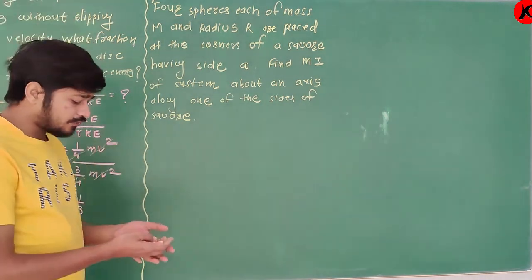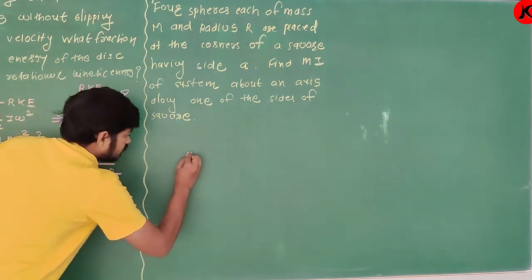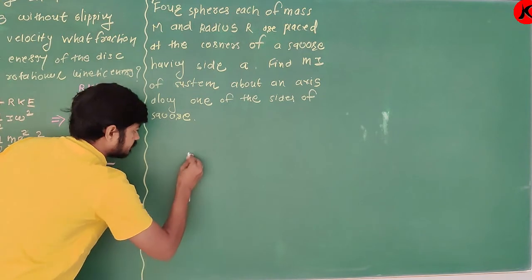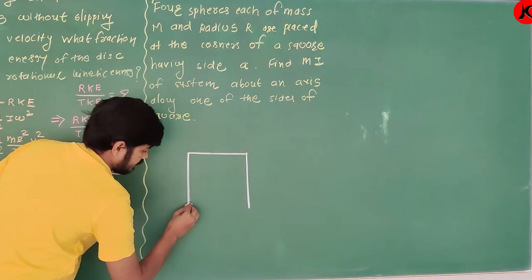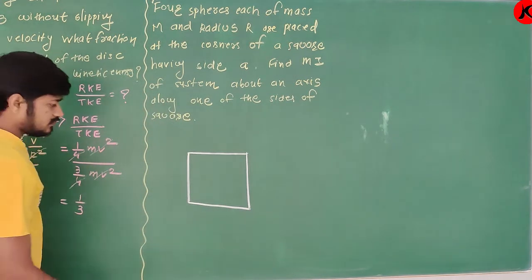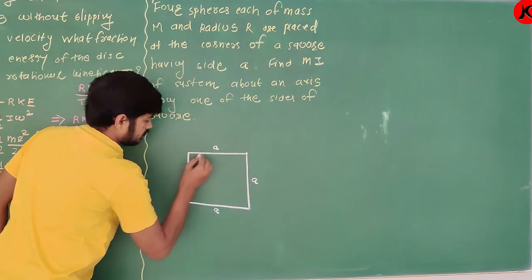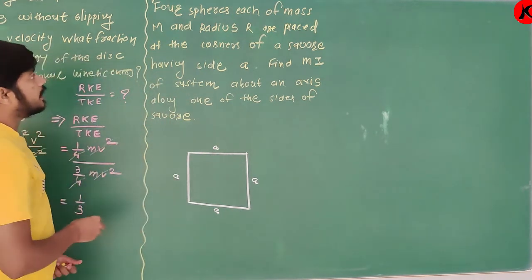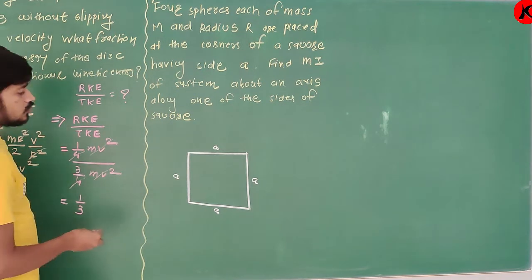First of all, I will draw the figure. Here it is a square of side A. 4 spheres, each of mass m, are placed at the corners.